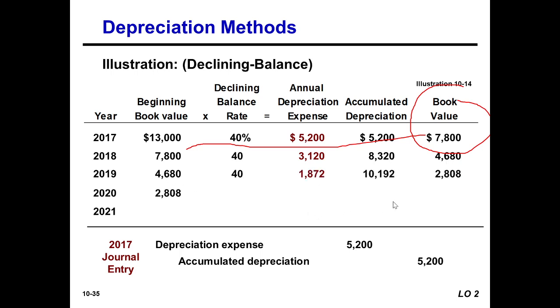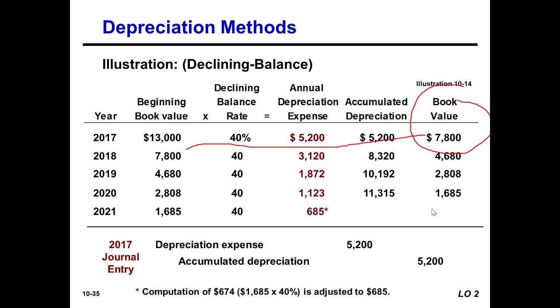Okay, and like this we will finish this, accomplishing the declining balance. Actually this figure is $685, just here, computation 674.